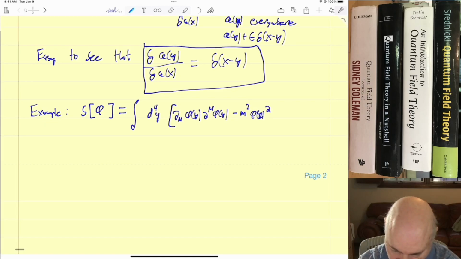Usually we have this part times 1/2. And then we have minus, this is the interaction term, phi of y to the 4th. So this is the interaction. This would be known as phi 4th theory.